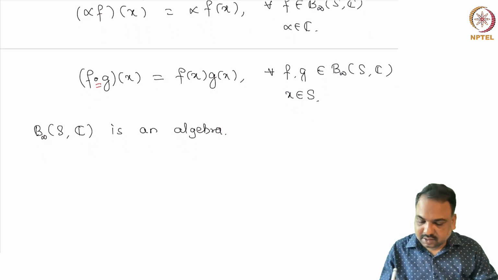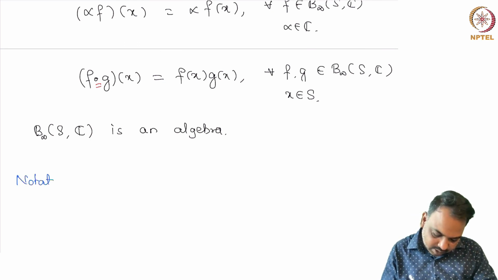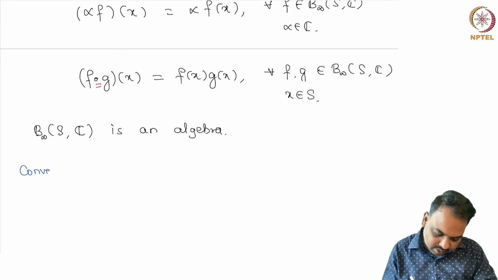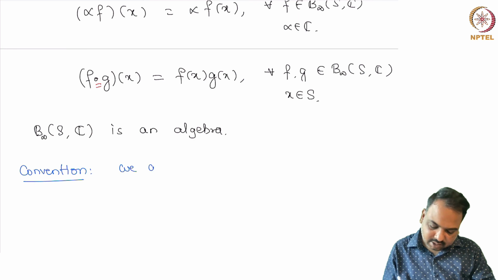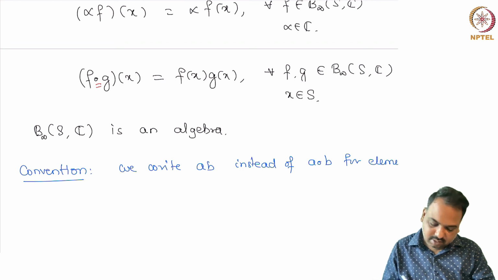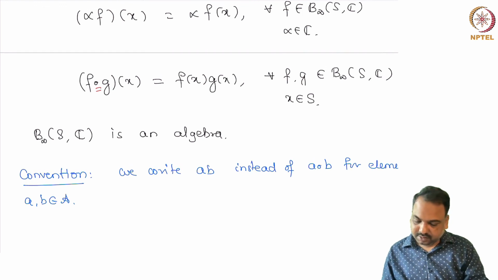Okay, so from now onwards we use this notational convenience, or we can say it is a convention: we write AB instead of A circle B for elements A, B of A, where A is an algebra here.